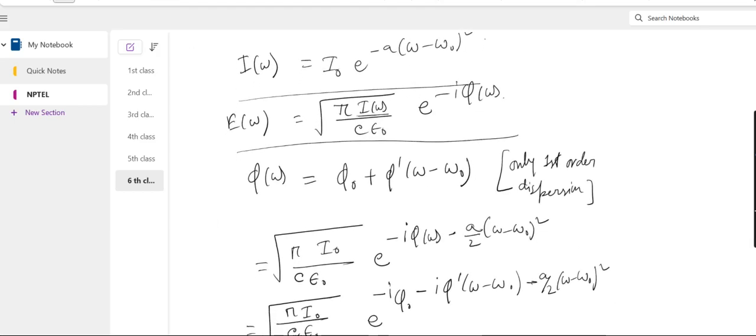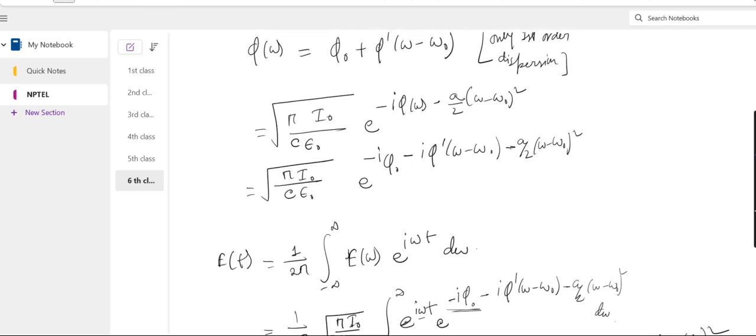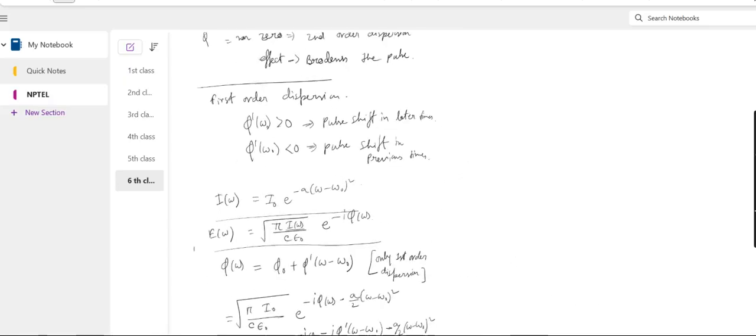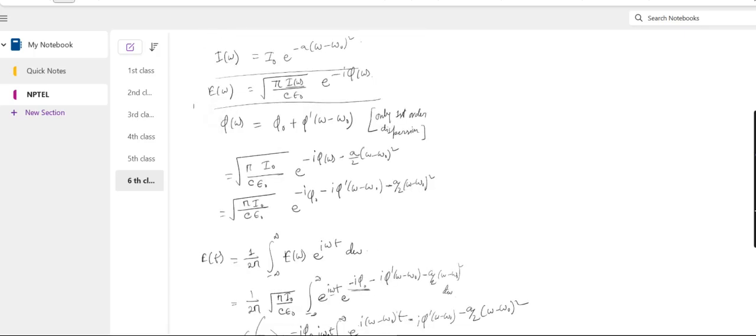So when you do the Fourier transform, you can see that you are only doing a Fourier transformation, just taking the Taylor series expansion of phi, the phase part, and taking it up to the first order.